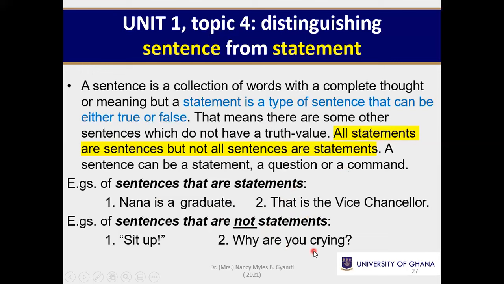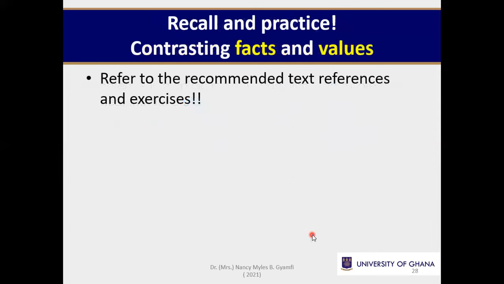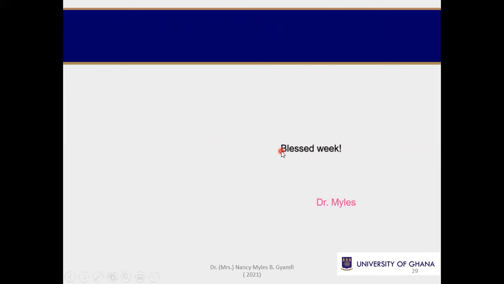But within that set, there are other types of expressions which are not statements. So you have emotive expressions, imperatives, interrogatives. They are all inside the set of sentences, but they are not necessarily statements. A statement is a specific type of sentence.